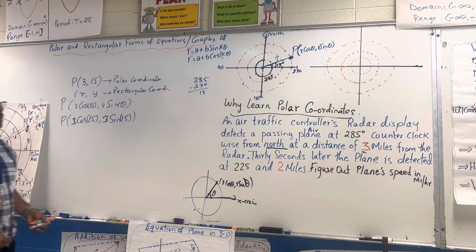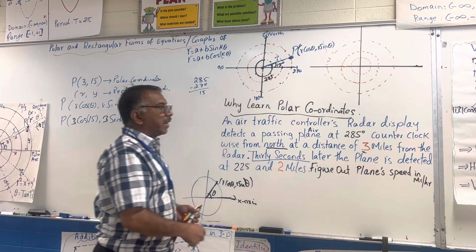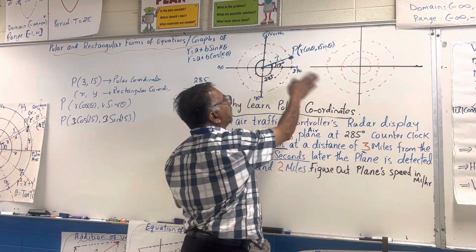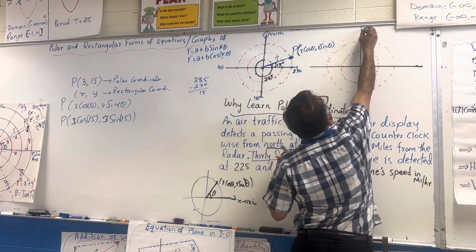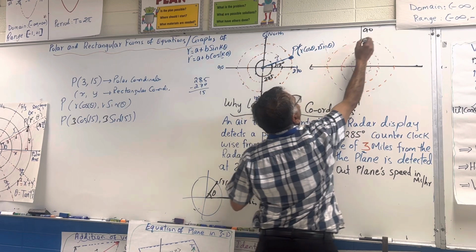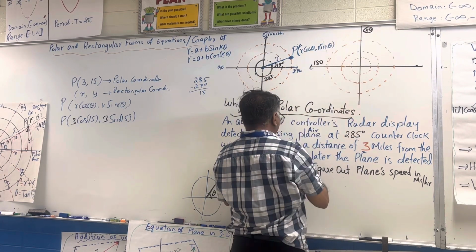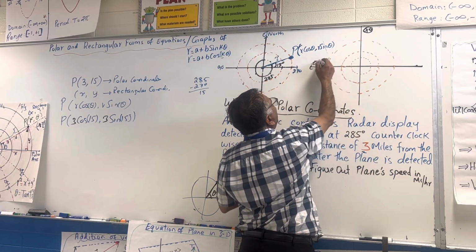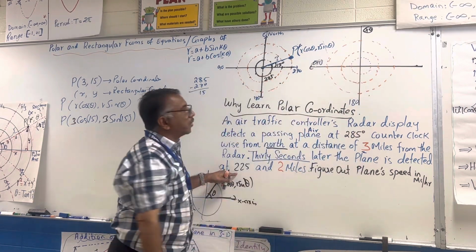But the second one is 30 seconds later, the plane is detected at 225. I'm going to show this one and then we'll put it together. So again this is 0 from north, this is 90, this is 180, and this is given to you as 225.